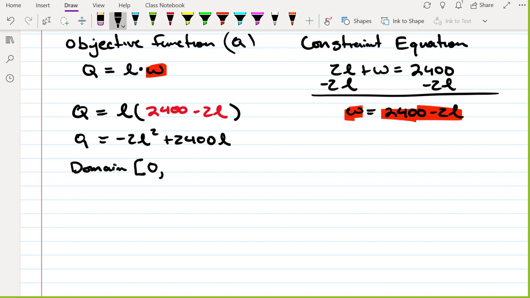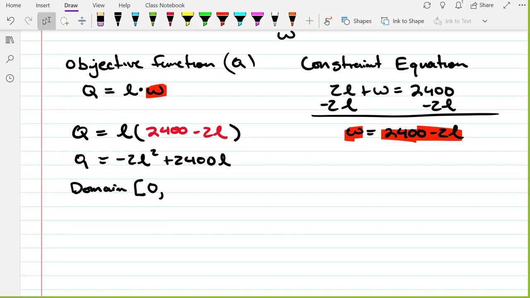And then what is going to be the maximum L value for our domain? Well, our constraint equation can help us out there, because we know that W has to equal 2400 minus 2L. What's the biggest L could possibly be?